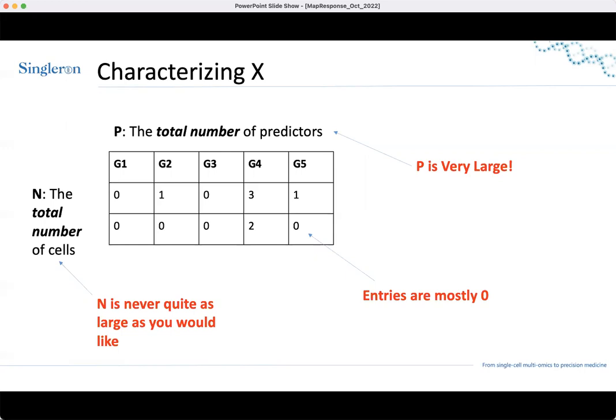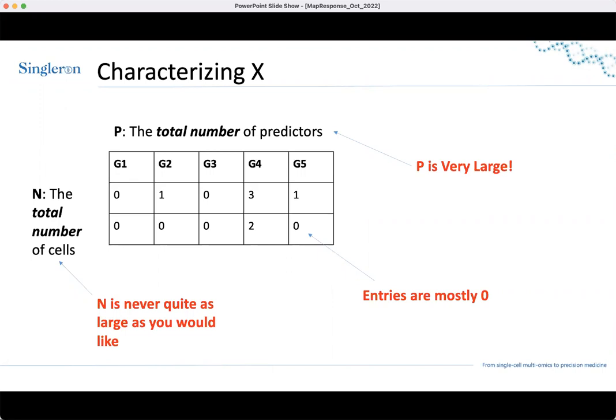Particularly in the case of bulk data, N, or the number of samples or the number of cells, can be much lower in many cases than P. So formally, we have an underdetermined matrix, meaning we have more predictors than we do samples, right? Whenever this is the case, this can be an issue for predicting on that data.